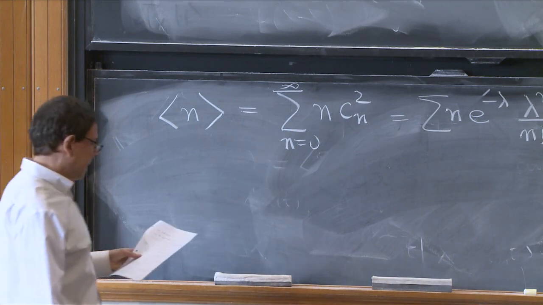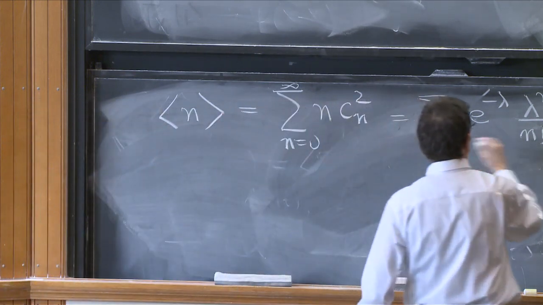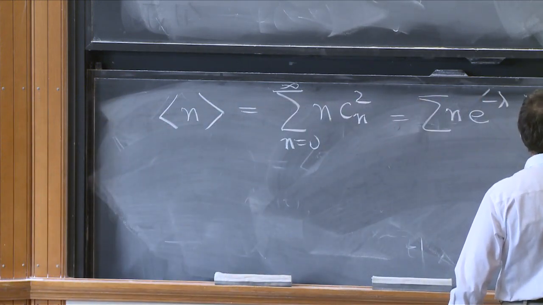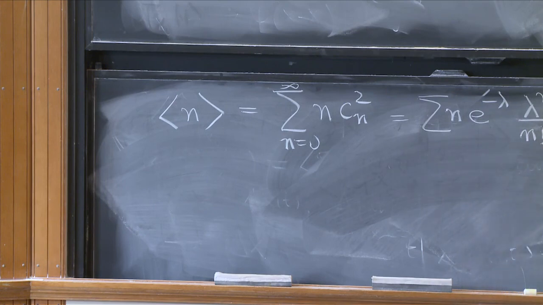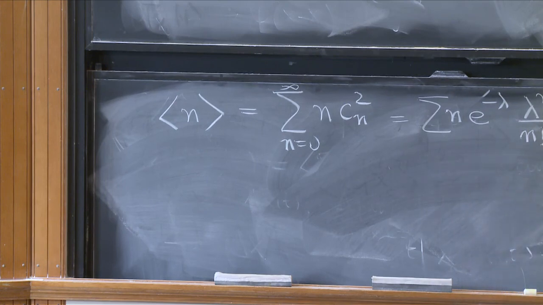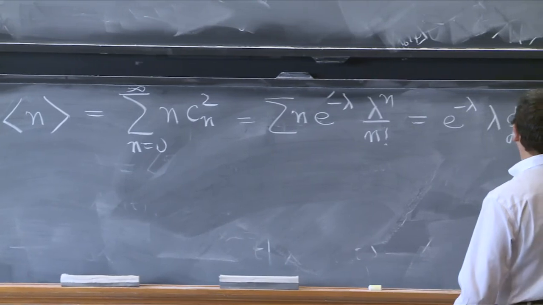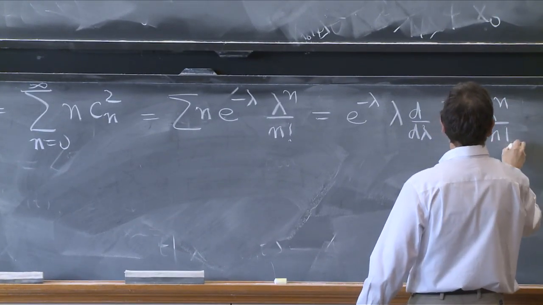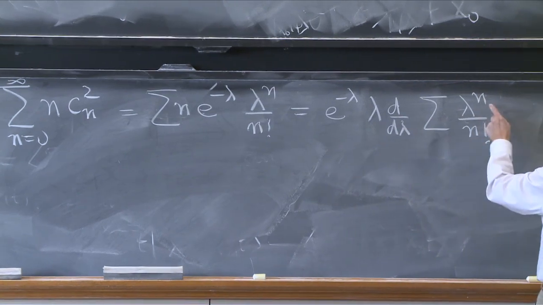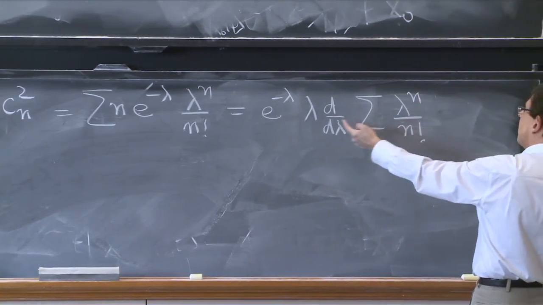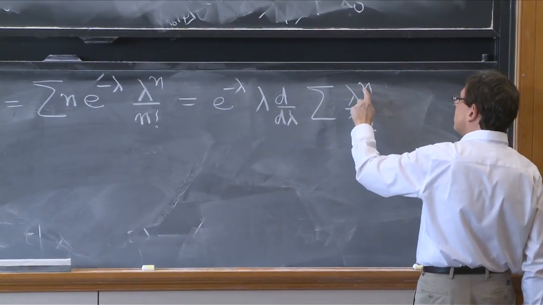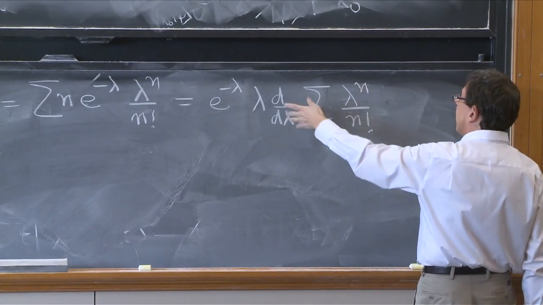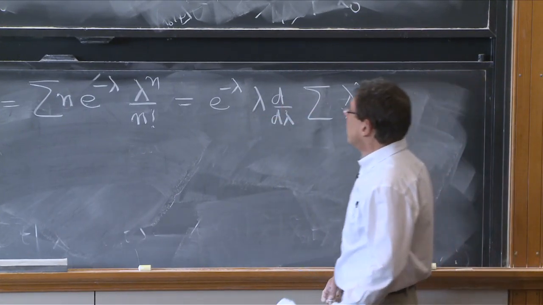And the way you get an n there, well, the e to the minus lambda goes out, and the n can be reproduced by doing lambda d d lambda on the sum. Because lambda d d lambda on this sum brings down an n, puts back the lambda, so it gives you the thing you had.